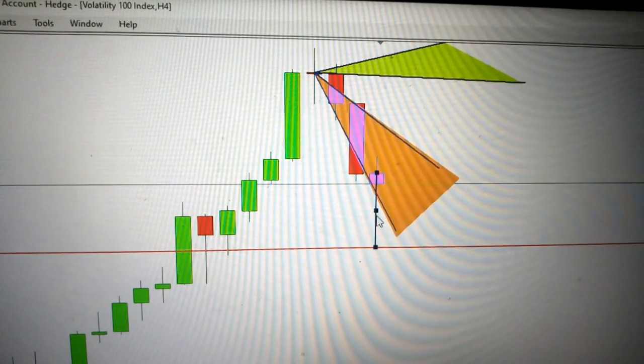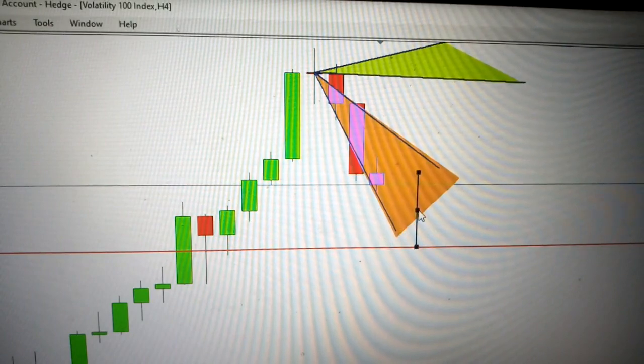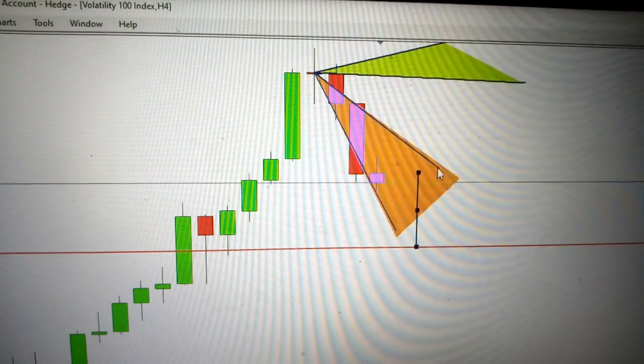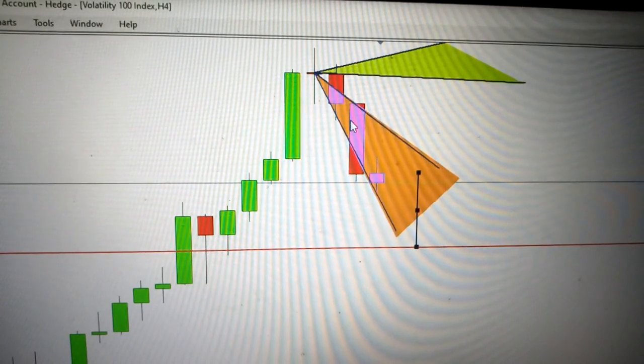So that's that for the explanation on how to use Megaphone Price Swing Strategy for trend continuation or reversal.